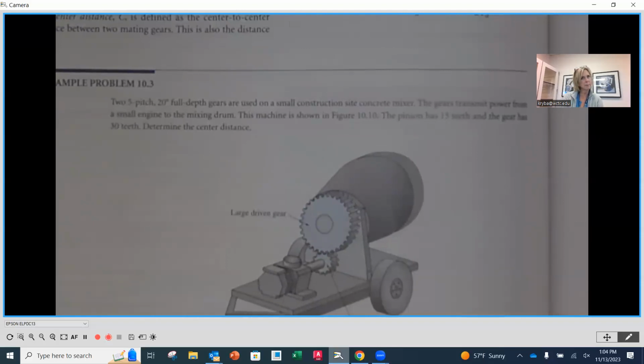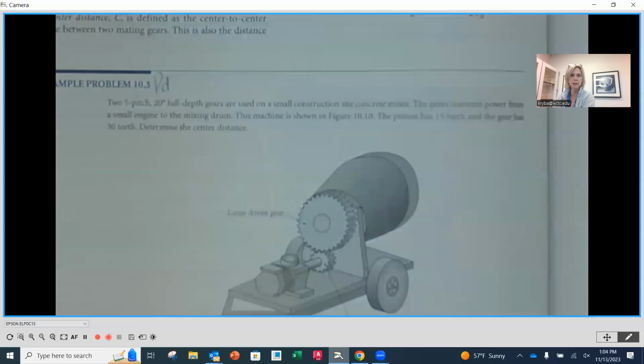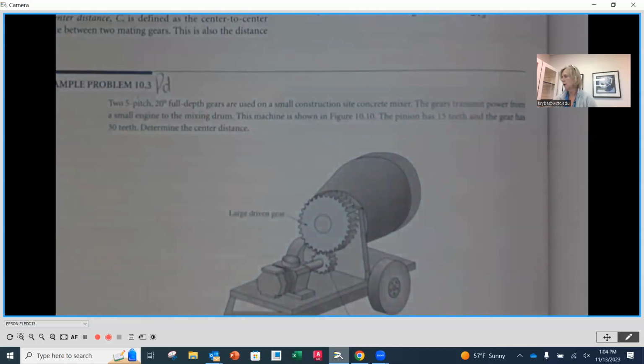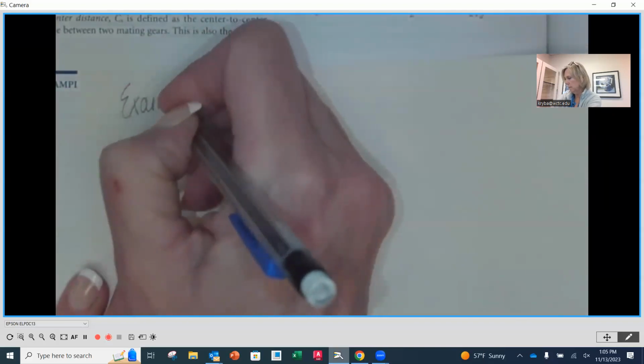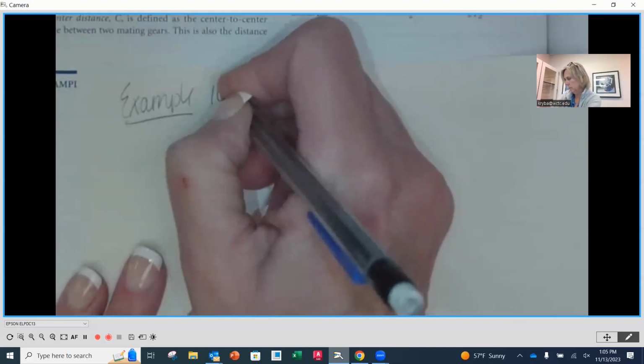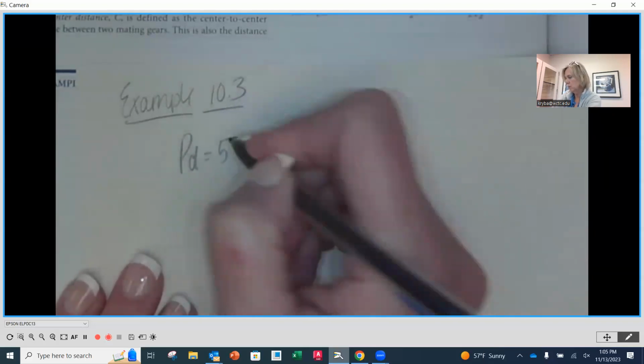So is that a pitch diameter or is that a diametral pitch? 5 pitch gear. It's a diametral pitch, exactly. It is not a pitch diameter. So this 5 pitch is our P sub D. Or if we're going to start this example, our known variable P sub D is equal to 5.